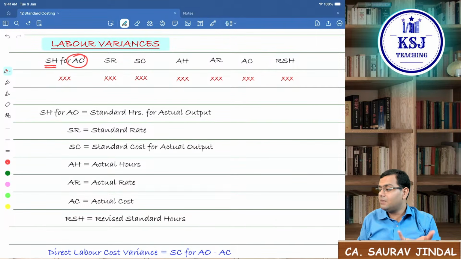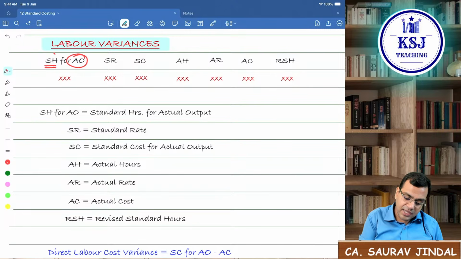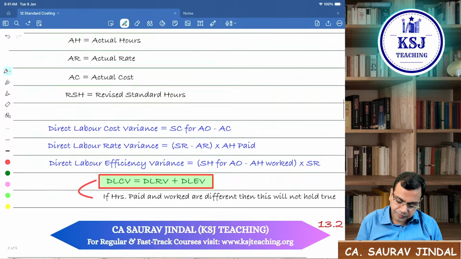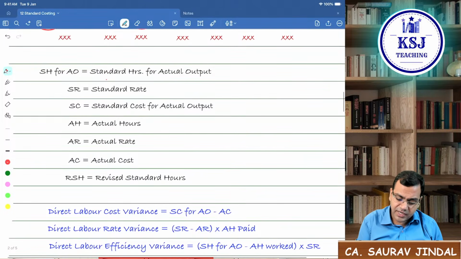What should be the time that should have been spent? So: standard hours for actual output, standard rate, and then standard cost. Then actuals are given to you: actual hours, which is how much time he has taken for that actual output, actual rate and actual cost.